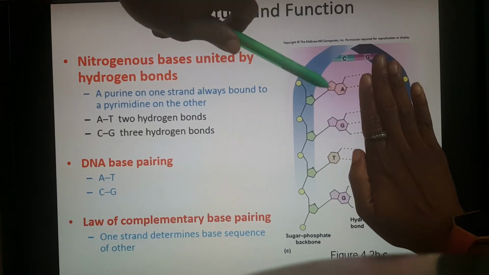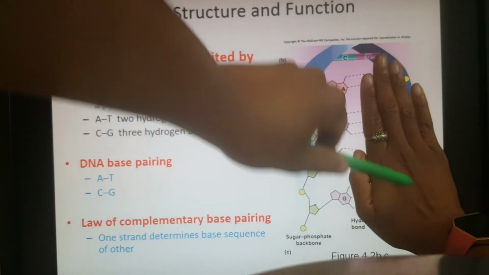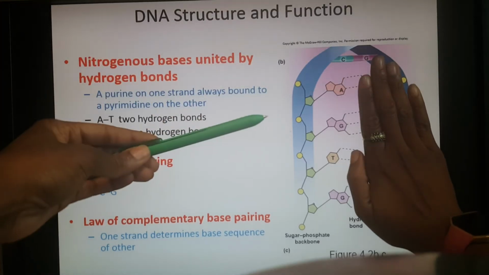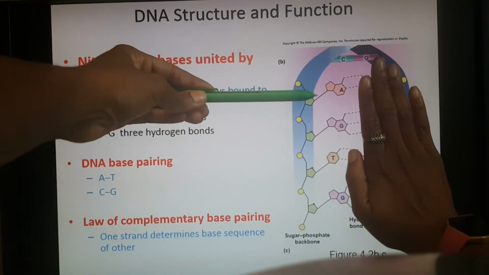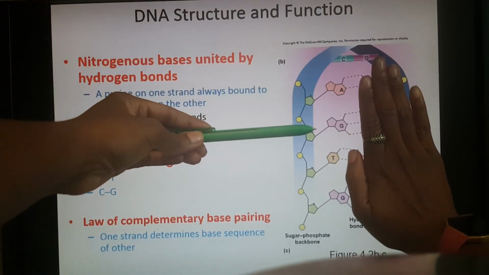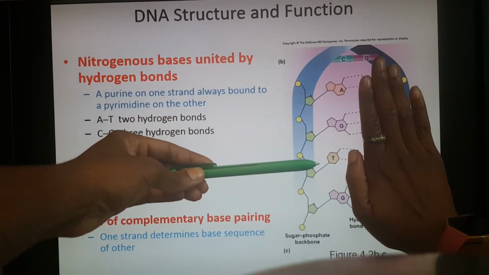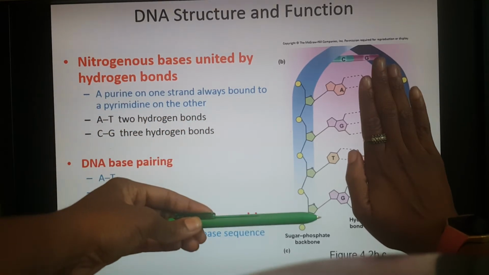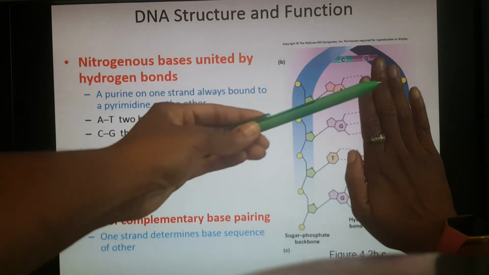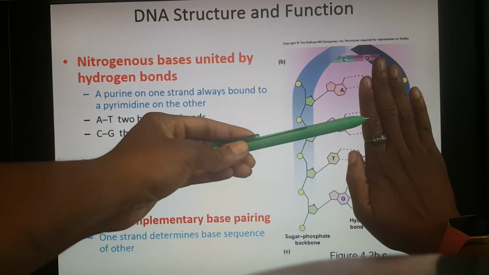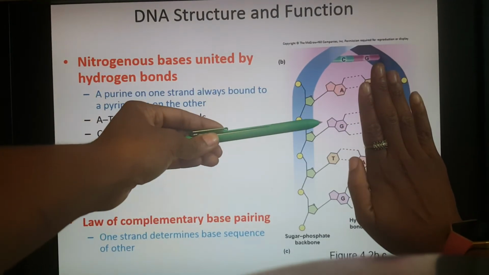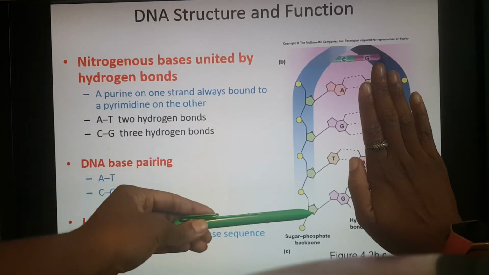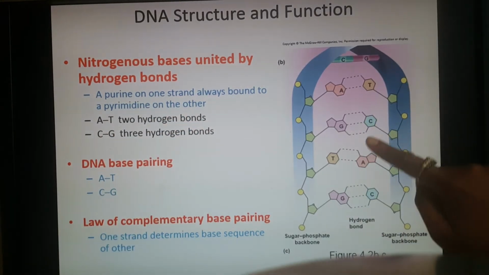So in this case, if we're looking at what the code should be on this other side, we know a thymine should pair with this one, a cytosine should pair with this one, an adenine should pair with this one, and another cytosine should be here. So our code for our matching strand should be T, C, A, C, which is this, T, C, A, C.